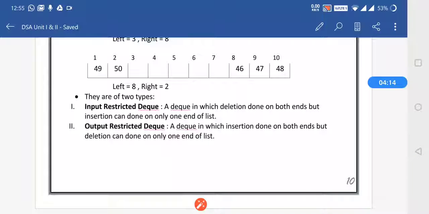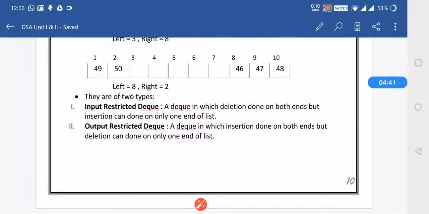So what is DQ? DQ is double-ended queue where insertion and deletion can be done from either end but not from the middle. They are having the two pointers left and right. There are two types of DQ, input restricted DQ and output restricted DQ. In input restricted DQ, the deletion can be done from both ends, but insertion can be done on only one end.